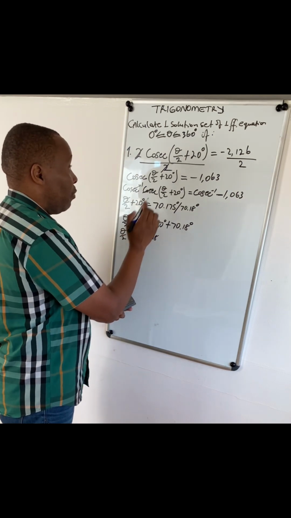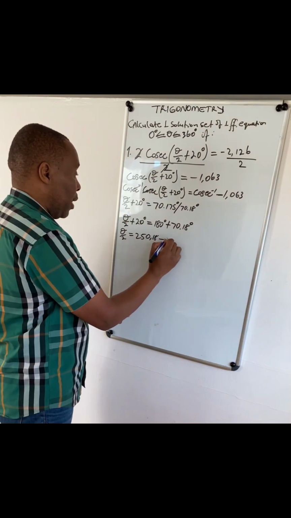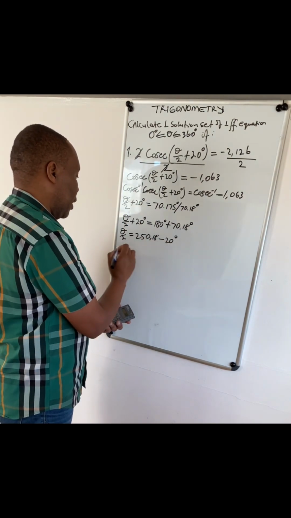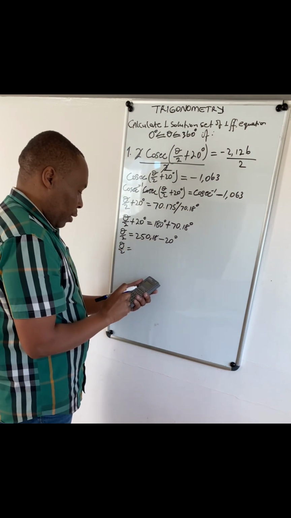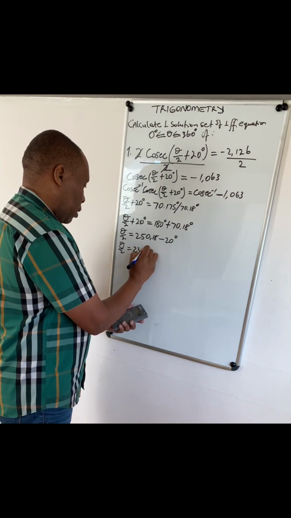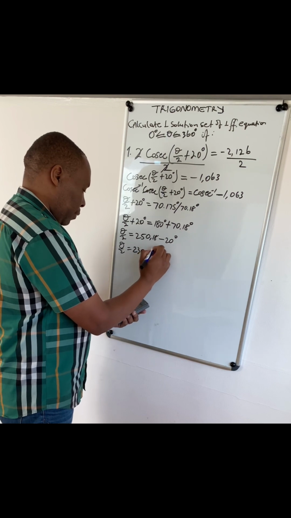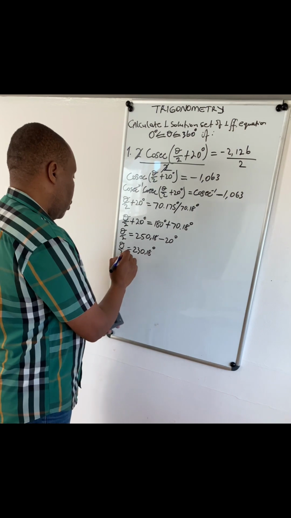This 20 is positive, so it goes this side and becomes negative 20 degrees. Therefore theta over 2 is equal to 250.18 degrees minus 20 degrees, it's 230.18 degrees.